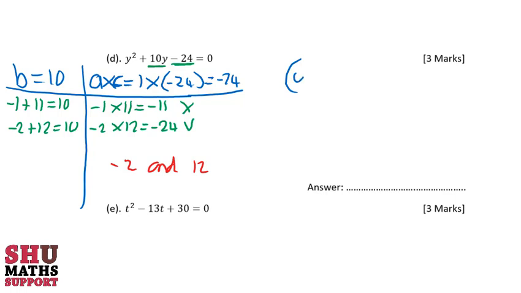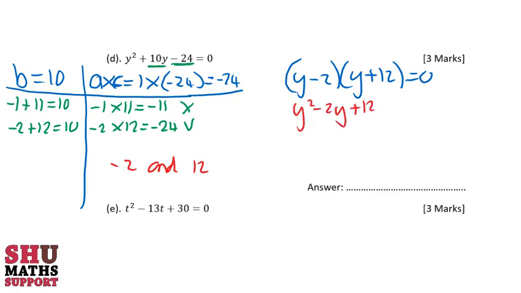We've got y, not x, so we need to make sure it's y minus 2 times y plus 12 is equal to 0. And then we'll just check this just by expanding the bracket. So we have y squared minus 2y plus 12y minus 24 is equal to 0. And then we'll simplify this so we get y squared plus 10y minus 24 is equal to 0, which is what we started with.